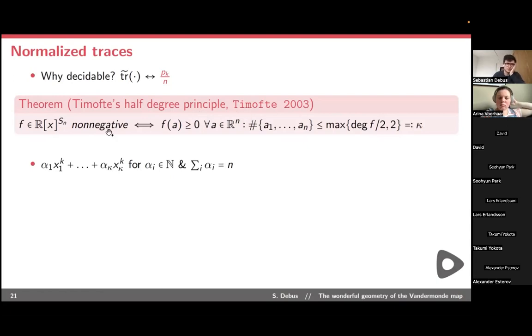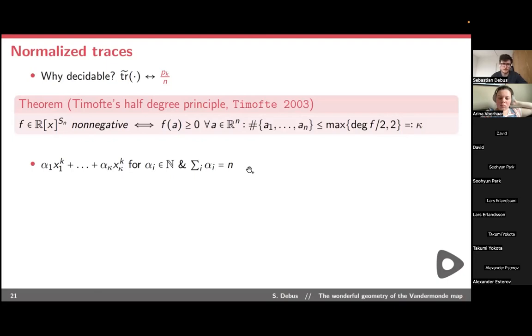And then when we apply Timofte's theorem, we see that we can replace arbitrary a's in R^n by elements in R^kappa, and we must have some multiplicities in front of all of those x_i's. And those multiplicities are natural numbers alpha_i, and they must sum up to n.